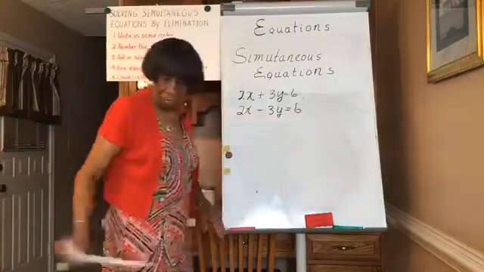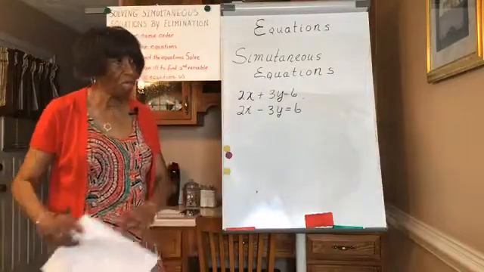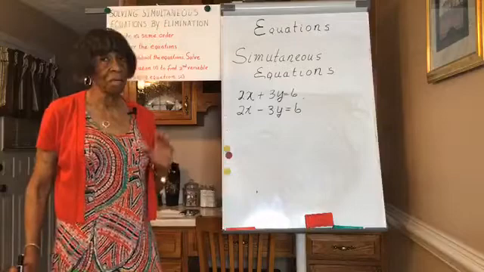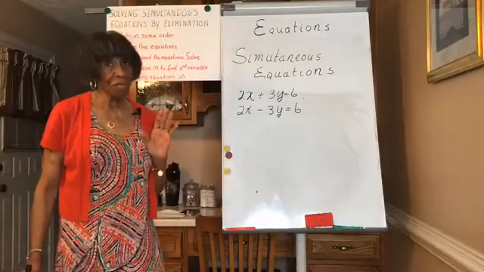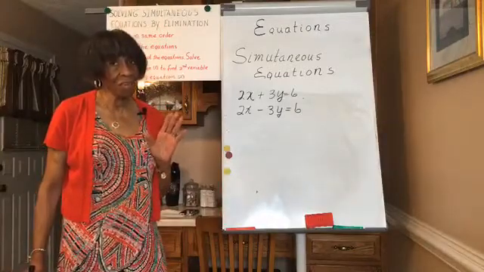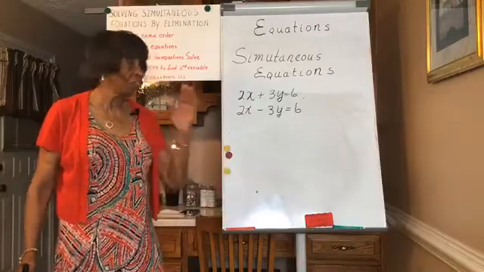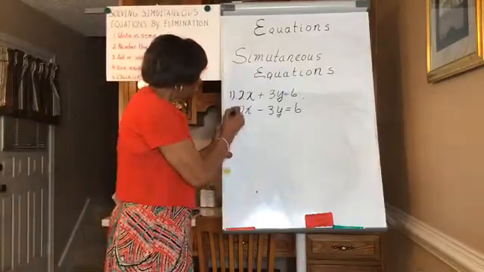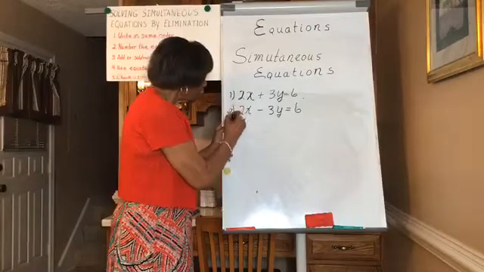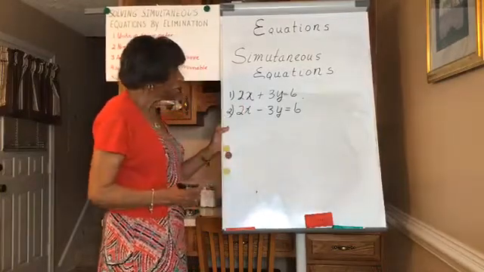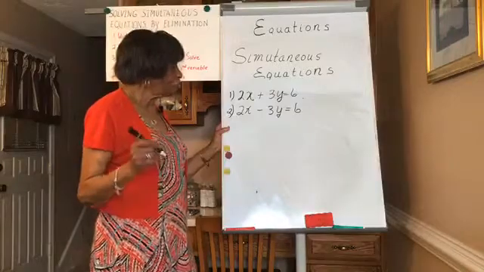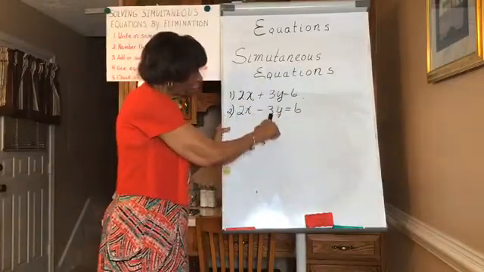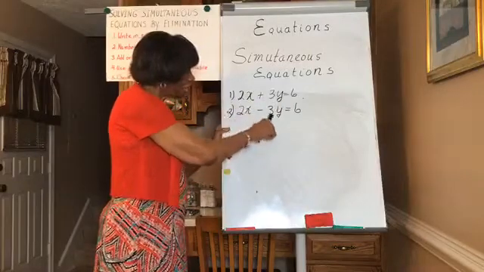Okay, so we can number them 1 and 2, and it really doesn't matter which one you call 1 and 2. We just number them so that we know that we are going from one equation to the other. All right, so I'm going to number this 1, and this is 2. Now I have to look at the coefficients of the x's and the y's.